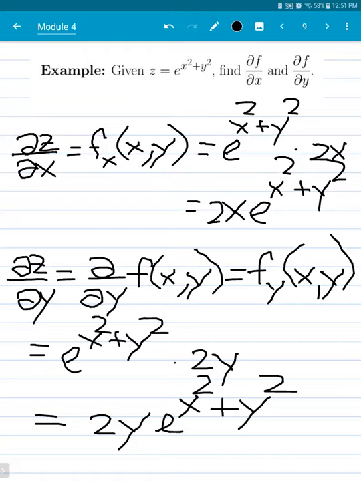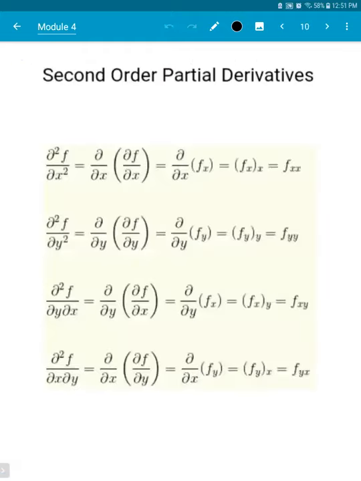Okay, let's go to second order partial derivatives first. In differential calculus, or the calculus of single variable functions, we also studied the second derivative of a function and how it relates to the graph and the first derivative.